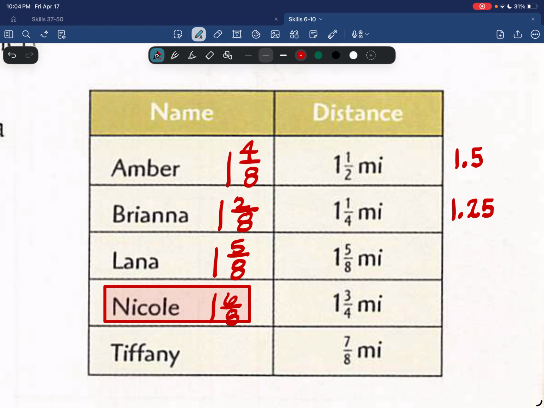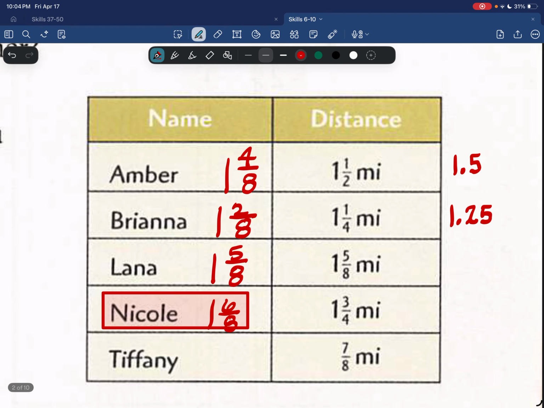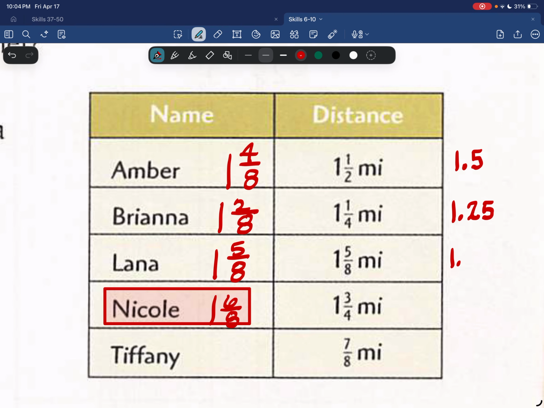I believe the calculator puts a leading 0. Hang on a second. And actually, it doesn't matter on this one. Sorry, I'm thinking of 7/8. Bear with me. This one is 1.625. Then 1 3/4, that's 1.75.